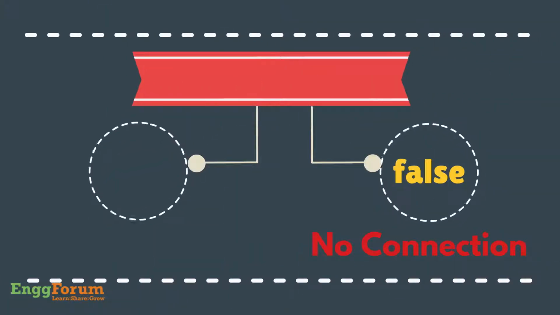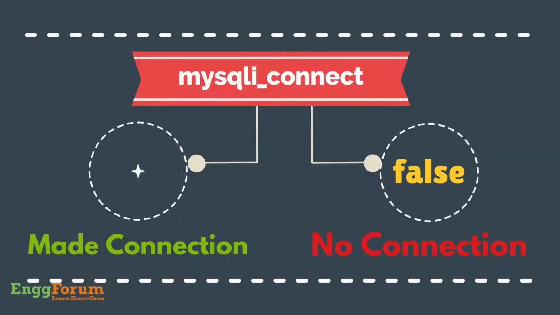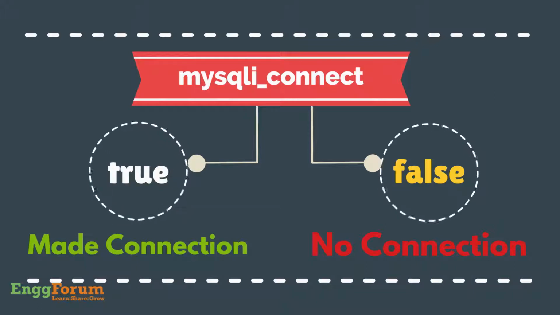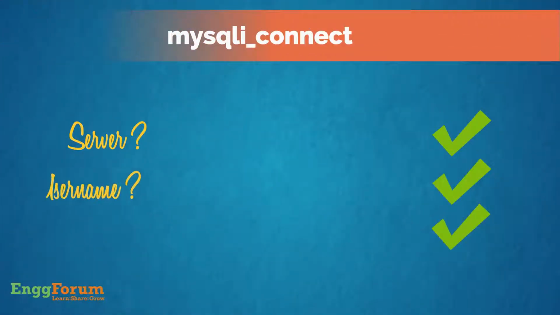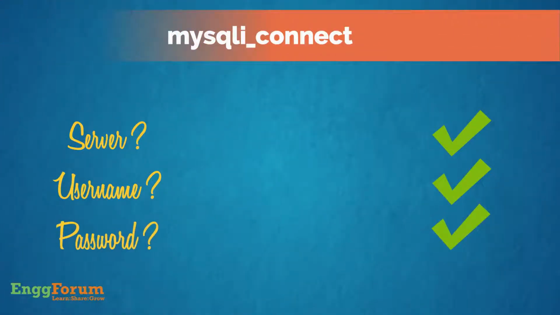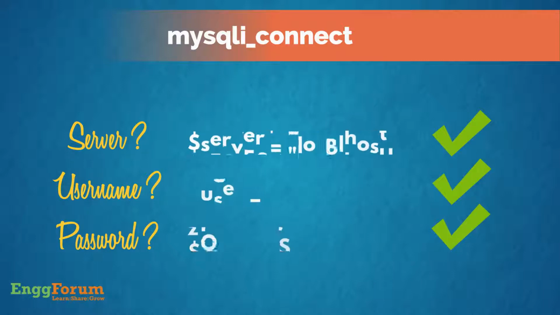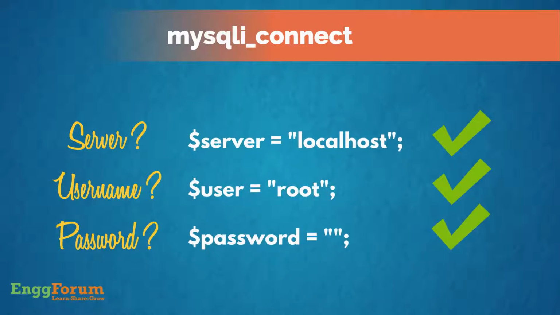Now, if we have made connection to MySQL, then we have output from connect function as true, else it will be false. Also, if server is installed in local computer, then we can provide server name as localhost or IP address 127.0.0.1. Also, default username to connect MySQL is root with no password.